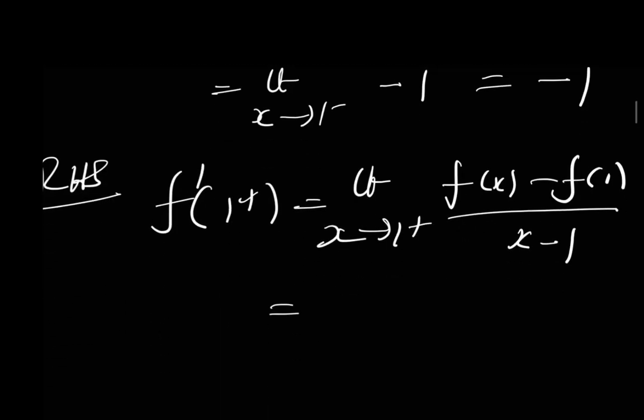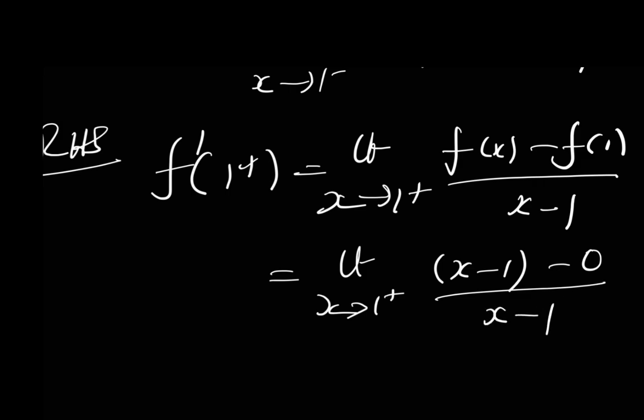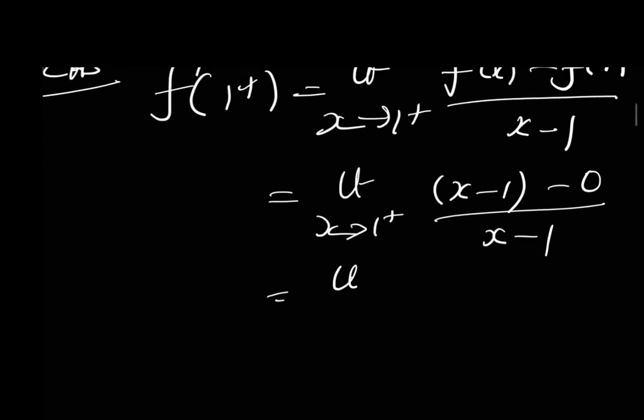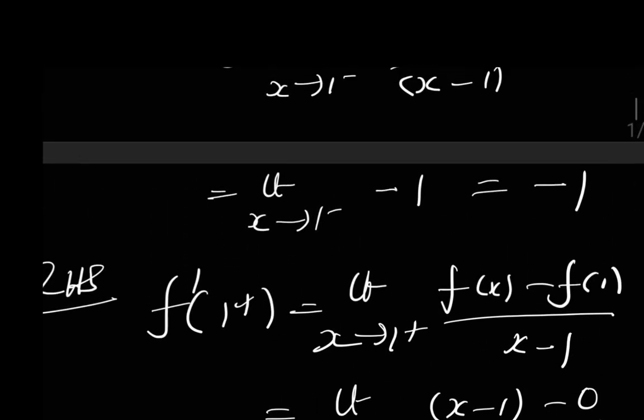Substituting x as 1 gives 0 minus 0 divided by x minus 1, which is limit x tends to 1 plus of x minus 1 by x minus 1. That is 1. No need of substituting for x, so you will get the answer 1. Mark this as 2, right hand side. This is left hand side, 1.